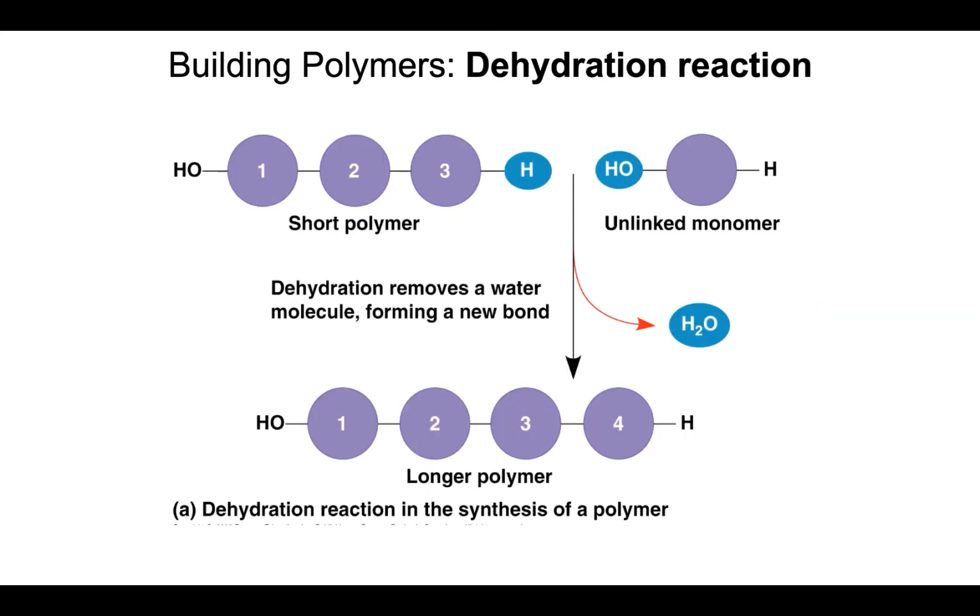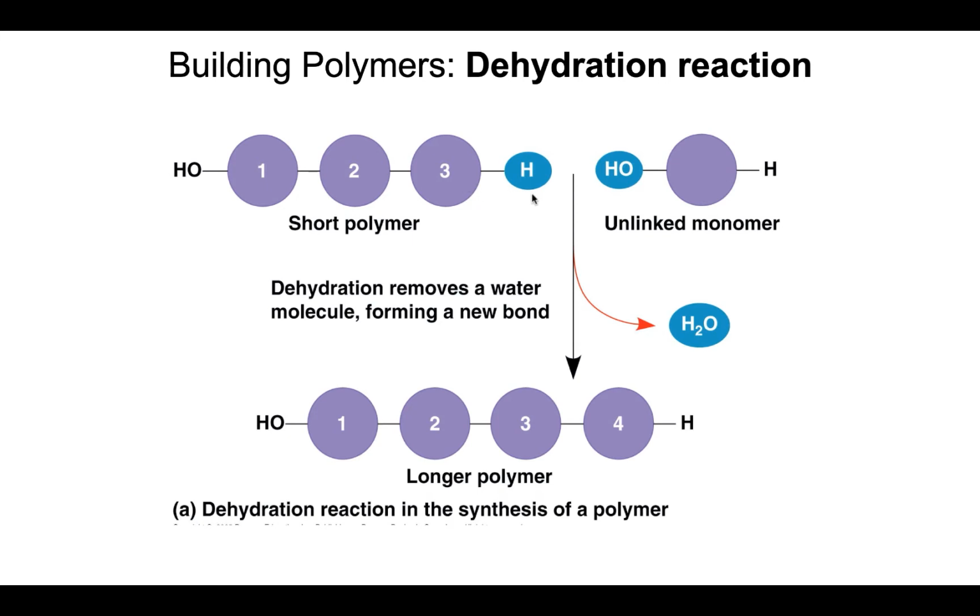Now, the reaction necessary to build a polymer, to link a monomer to a growing polymer, is called a dehydration reaction. So here is our growing polymer. Here is our unlinked monomer, and what we're going to use is this dehydration reaction to form a covalent bond between the monomer and the growing polymer.